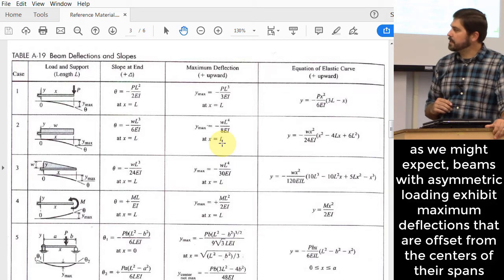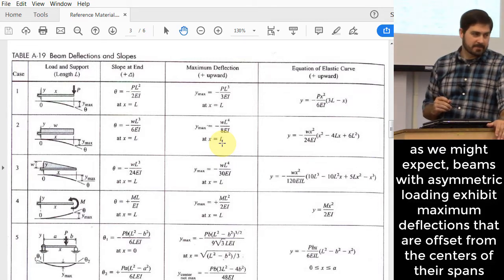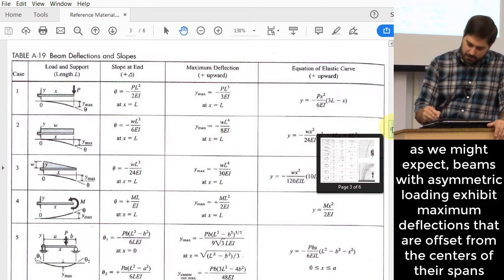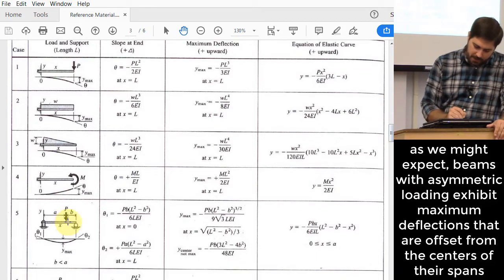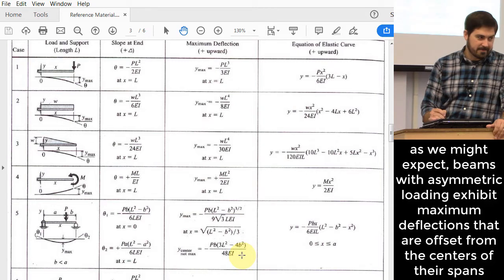An interesting thing there, not all of them occur at the center of a span, right? Look at this one right here. You have an off-centered load, right? And it makes sense that where they're saying the maximum deflection is, you're going to have a different value than what the deflection is at the middle of the span, right?